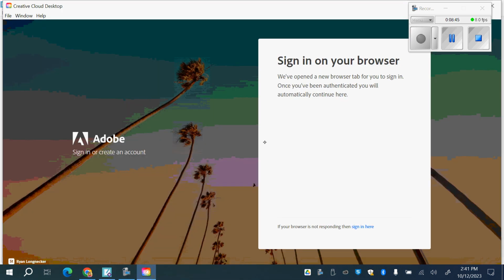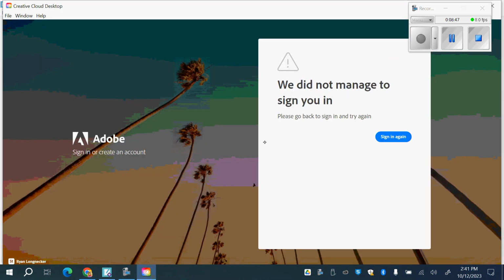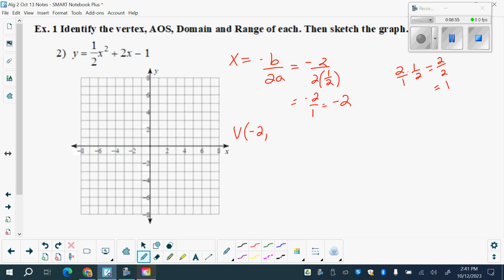So our vertex has an x value of negative 2. How do I find the y value? We want to substitute this into our equation here.